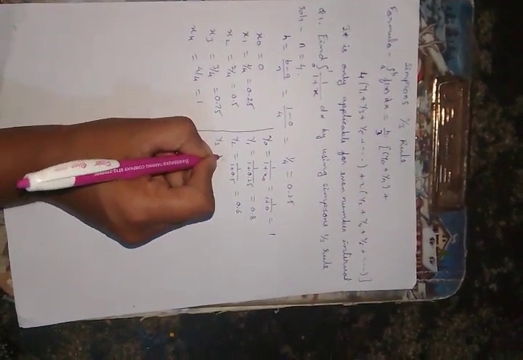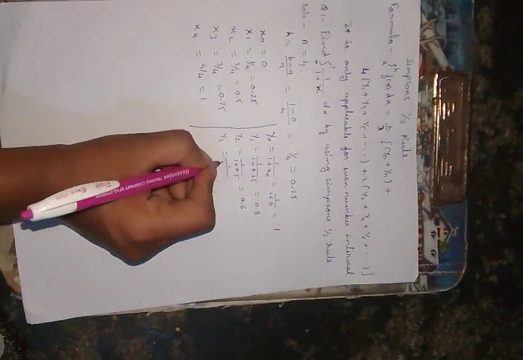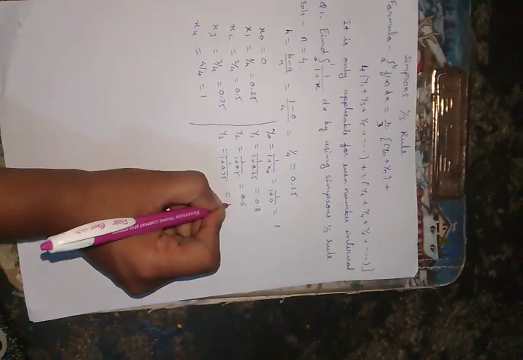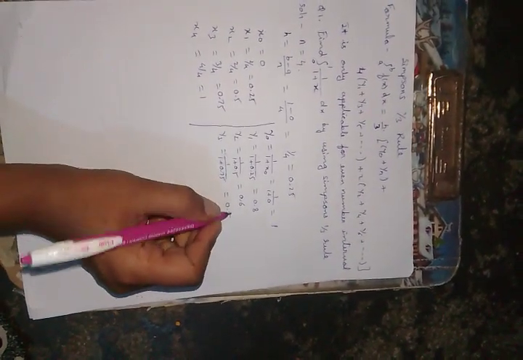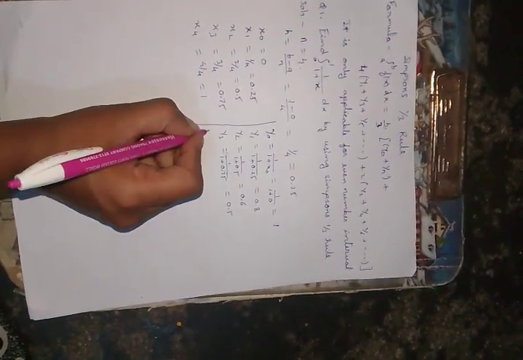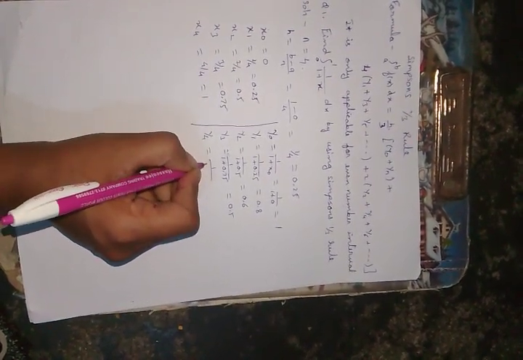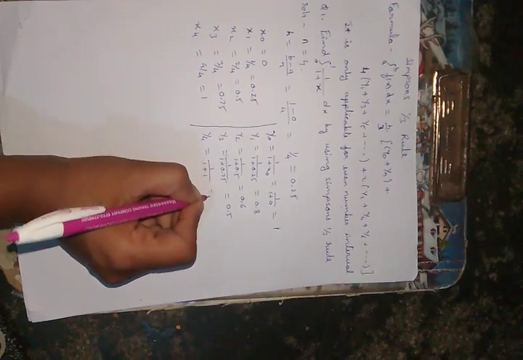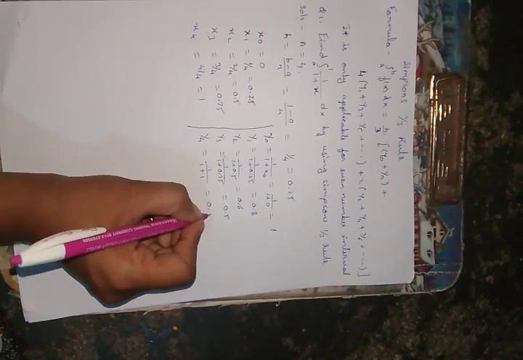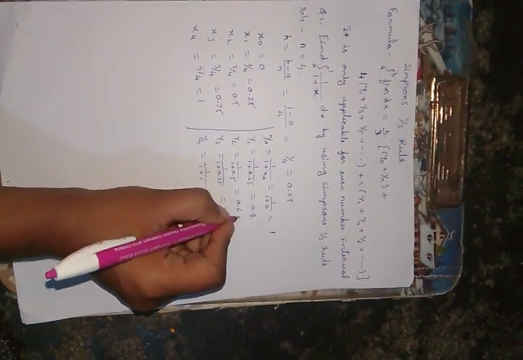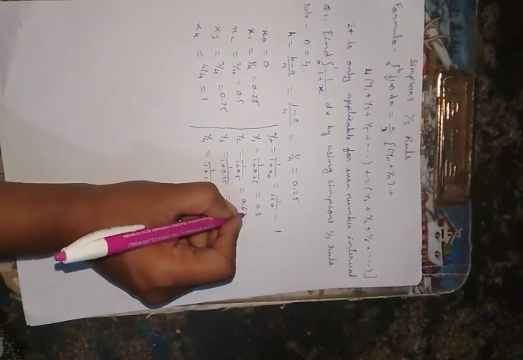Then y3 is 1 by 1 plus 0.75, so the value will be 0.57. Finally y4 is 1 upon 1 plus 1, which is 1 by 2, meaning 0.5.